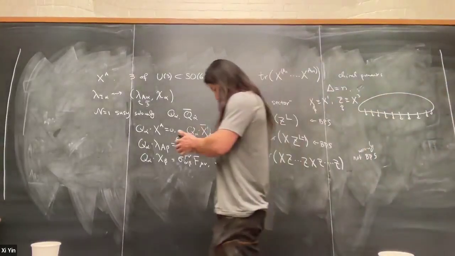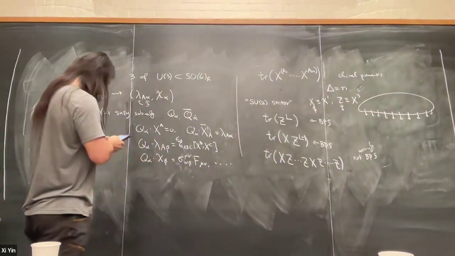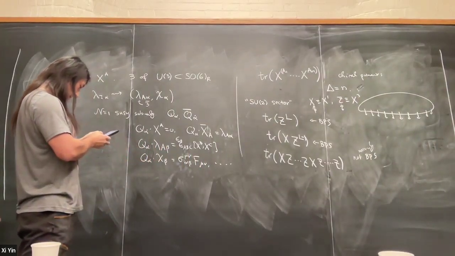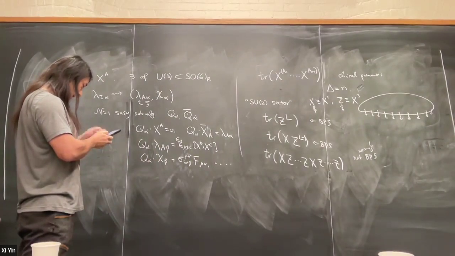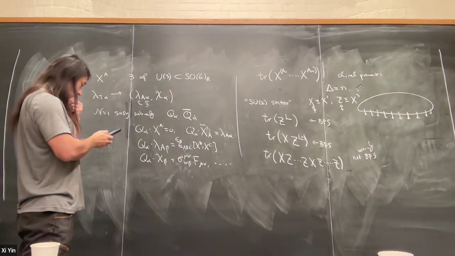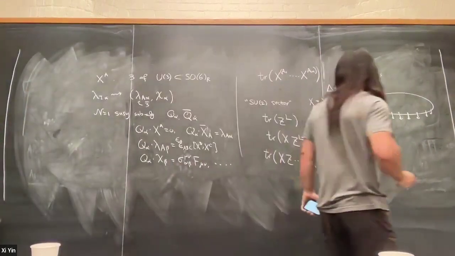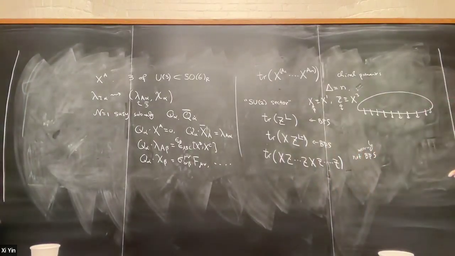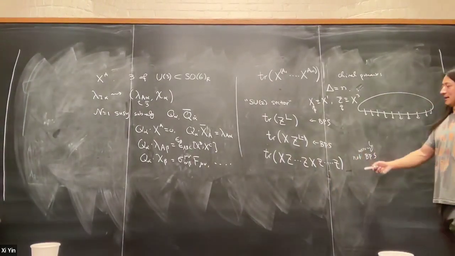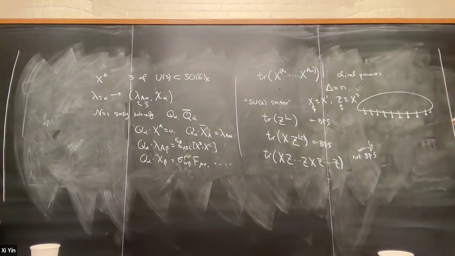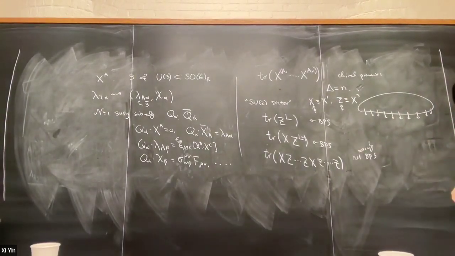Okay, so let's discuss that. Obviously the space of operators can be identified with the spin chain, modulo a gauge redundancy, which comes from the cyclicity of the trace.